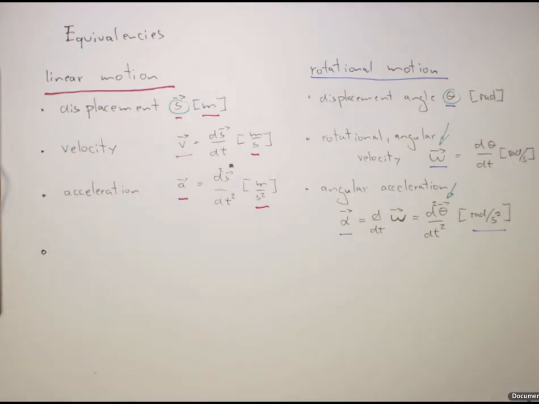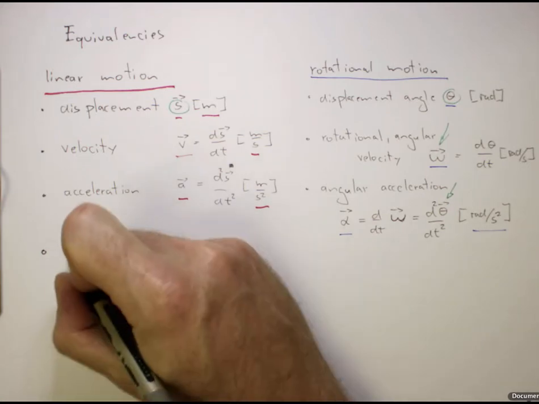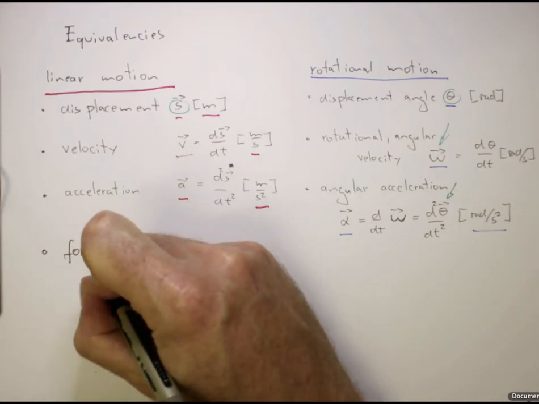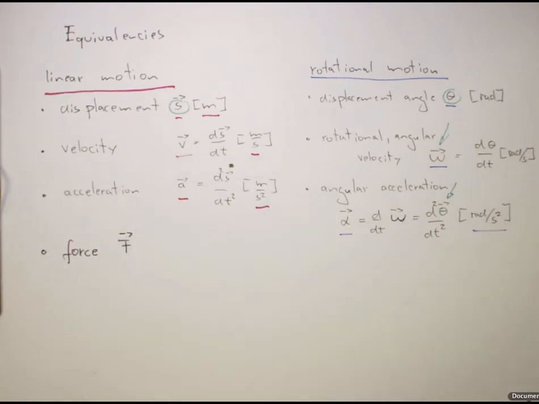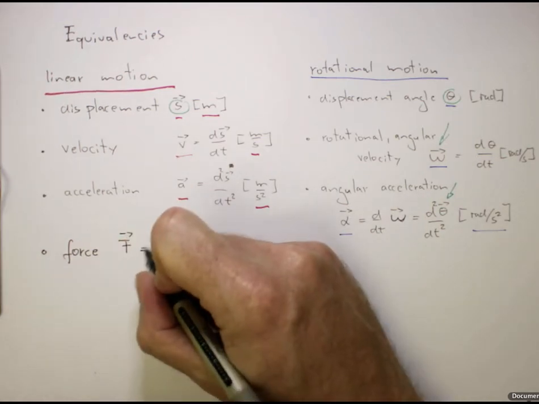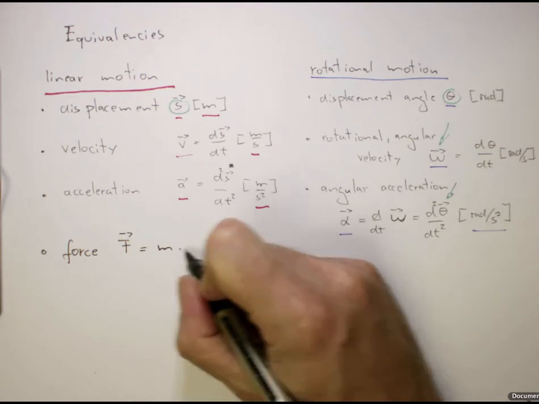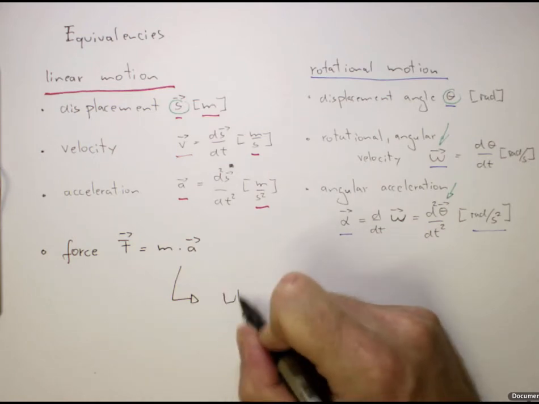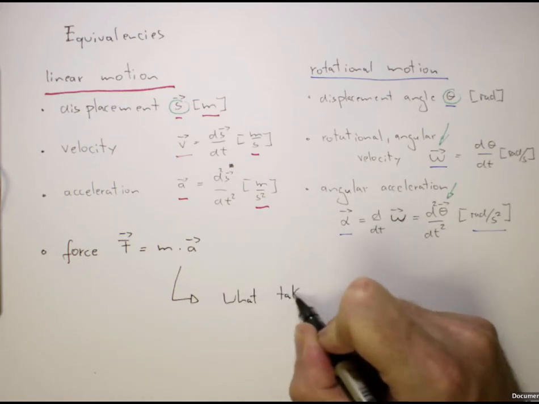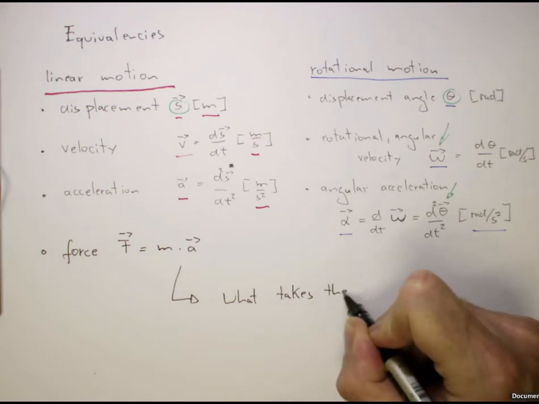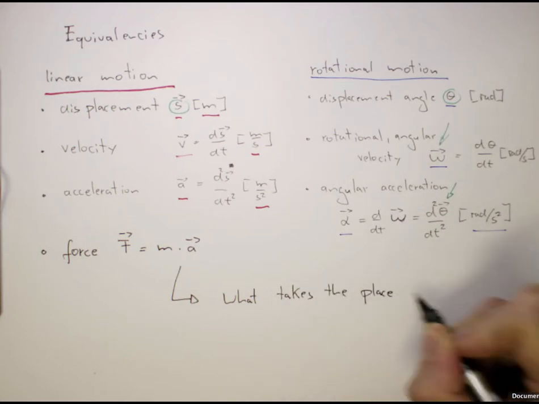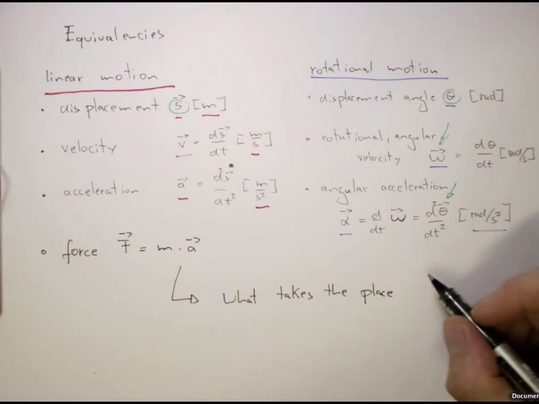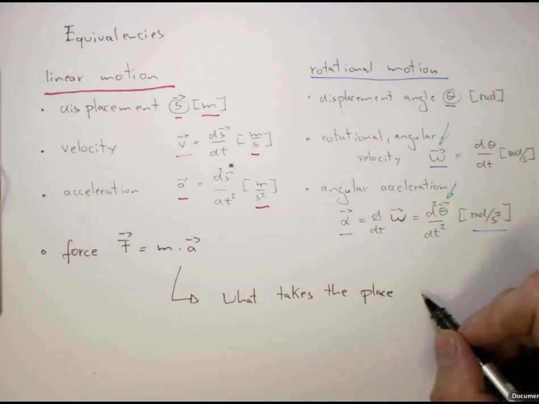The question arises, what if we now go to dynamics? In linear dynamics, we are familiar with force, which is given according to Newton's second law as F equals mass times acceleration. What is the equivalent? What takes the place of this very important dynamics law in rotational motion?